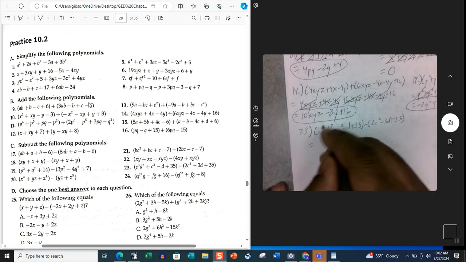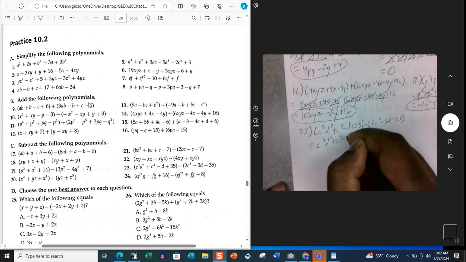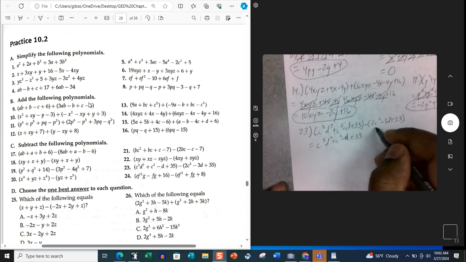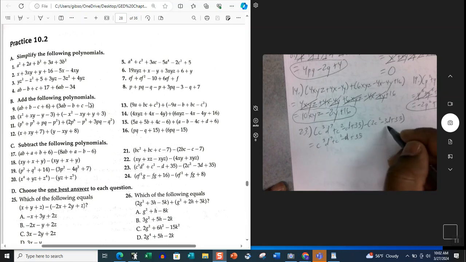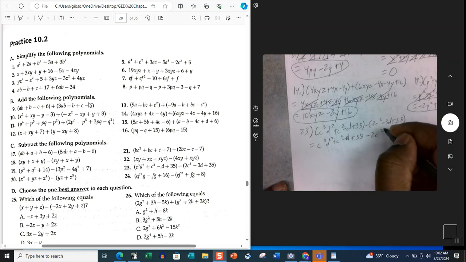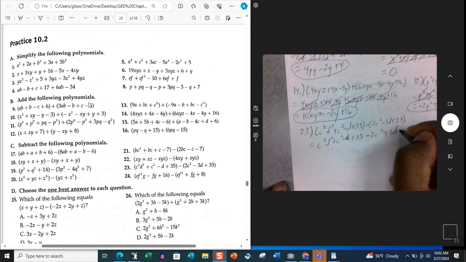First parenthesis is no like term, so we'll bring it down as is without the parenthesis. Second parenthesis, we have this minus sign in front, and remember they don't have anything in common, so we didn't have to combine anything, so we just changed the sign of everything. So it becomes minus 2c squared plus 3d minus 35.